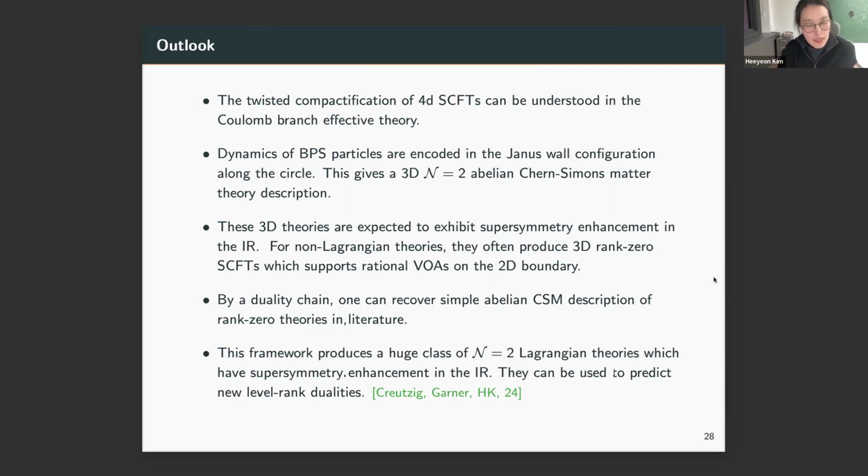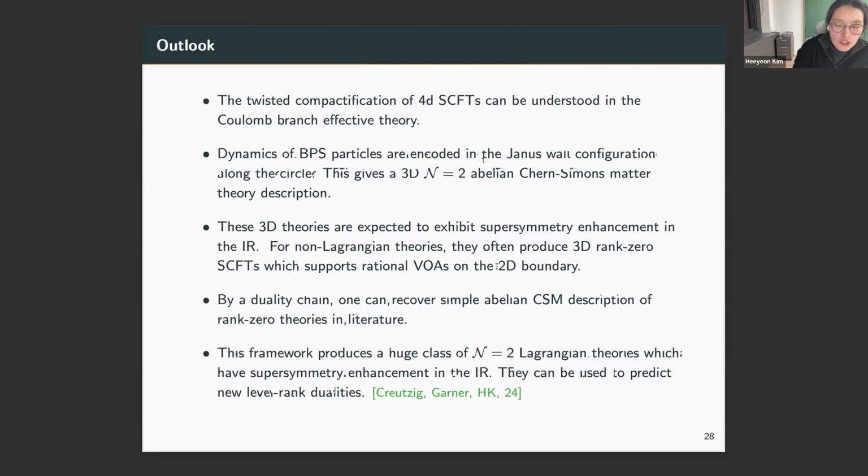So these 3D theories are expected to exhibit supersymmetry enhancement in the IR, and for non-Lagrangian theories, they often produce 3D N=4 rank 0 SCFTs if the R charges of those 4D SCFTs meet certain conditions. It is going to support some rational vertex operator algebras on the 2D boundary.